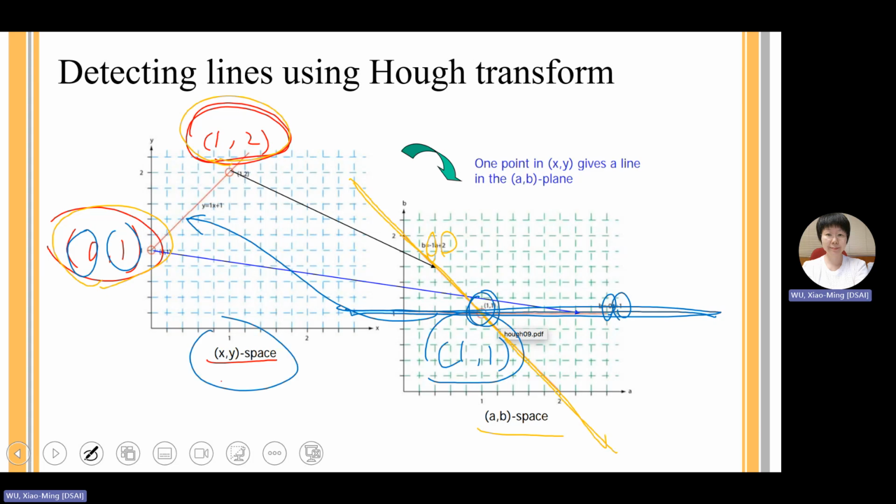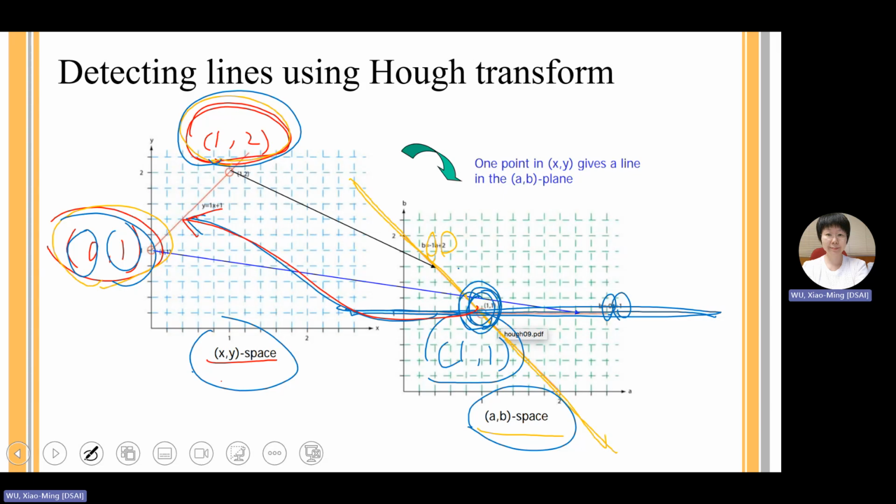So they have this dual relationship: points in the XY space correspond to parameters of straight lines in the AB space, and the intersection of the straight lines in the AB space corresponds to the parameters of the line in the XY space.